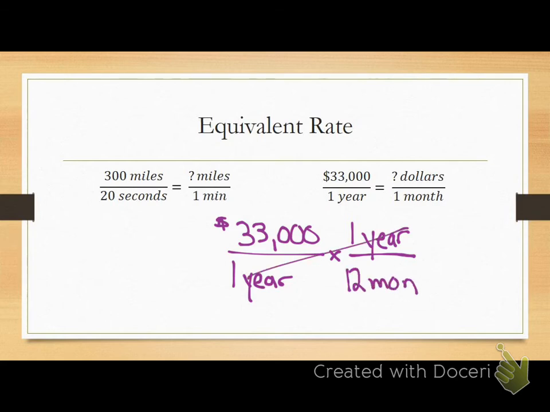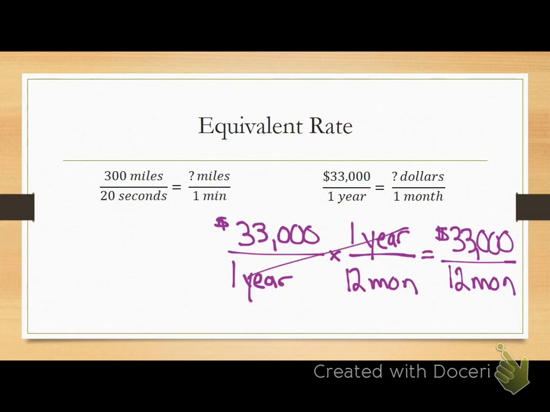Now these completely cross-reduce, and I have $33,000 in 12 months. Here's the problem. Is that what it asked us to solve for? How much money per 12 months? No. But now I'm at least in the right unit. So now, how much money per 12 months? I find the unit rate by dividing top and bottom by 12.